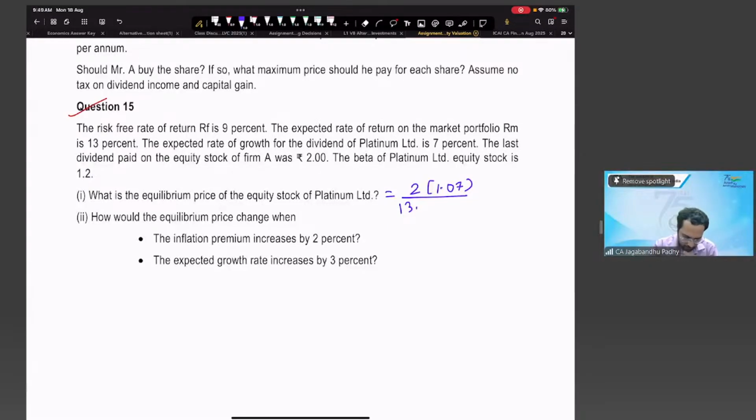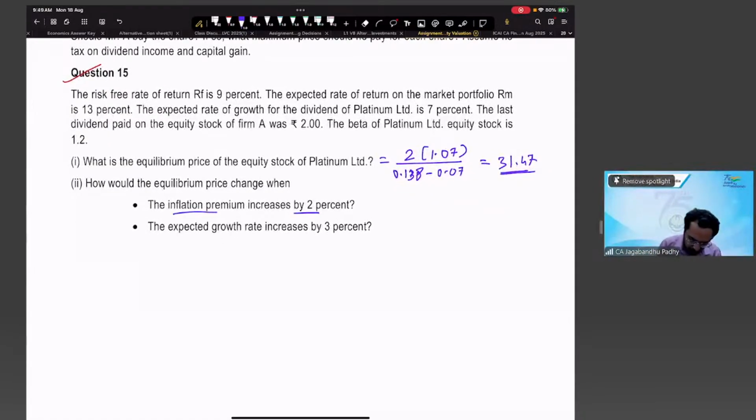So it's 0.138 minus 0.07. The answer is 31.47. Perfect. Easy.